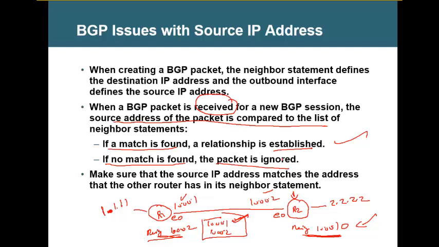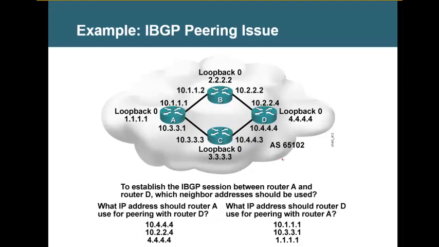This is IBGP peering. See the title, IBGP peering example issue. Between router A and D, how many paths? 2 paths. Between C and B, 2 paths.